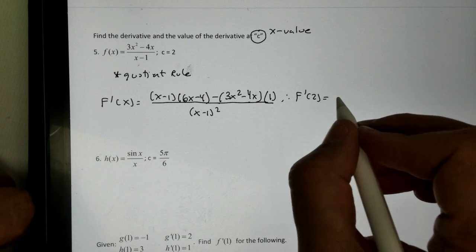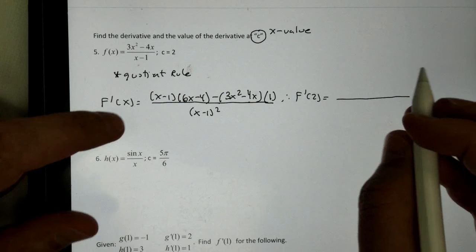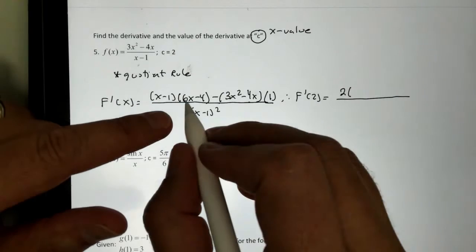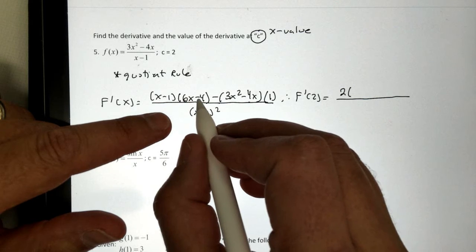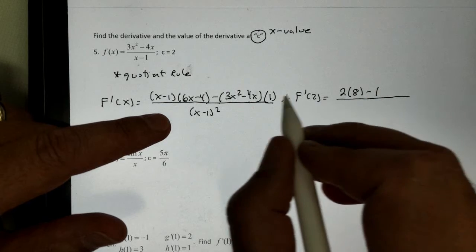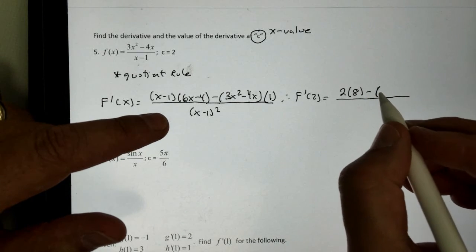When you plug in the 2, you can do this mostly in your head. If we do 2 minus 1, that becomes 2 times, this becomes 12 minus 4, which is 8. Minus, this one might be a little bit tougher to do, so let's see if we can try this one.